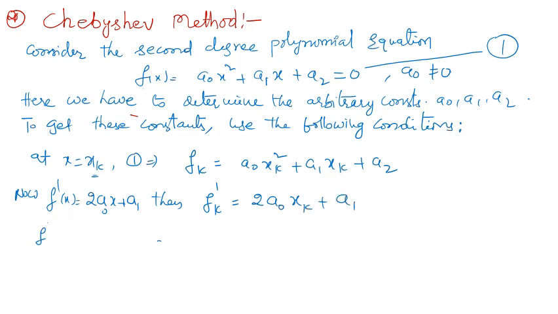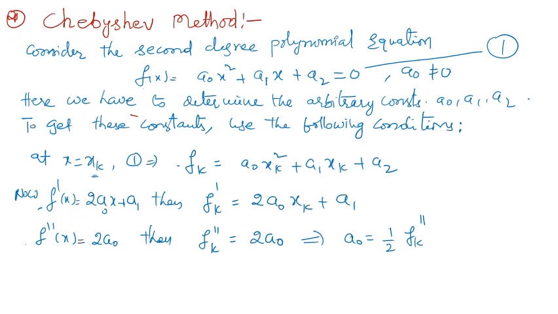Now one more derivative, f double dash. Since three unknowns are there, we require three conditions, so I am taking the function, the first derivative and the second derivative. f double dash is simply 2a0. Then at xk, fk double dash equals 2a0. From this last value, a0 equal to 1 by 2 fk double dash.